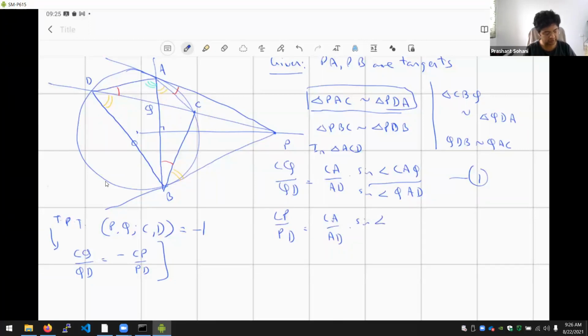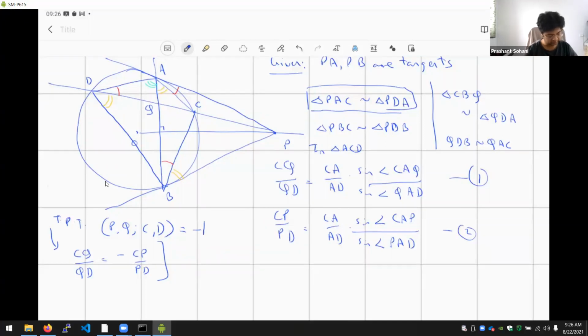So here, instead of CAQ, there will be CAP upon sine of angle PAD. Okay. So if we were taking directed angles and ratios, the CP upon PD ratio will be negative, and one of the angles will also be negative. So everything will be taken care of automatically by the directed quantities.